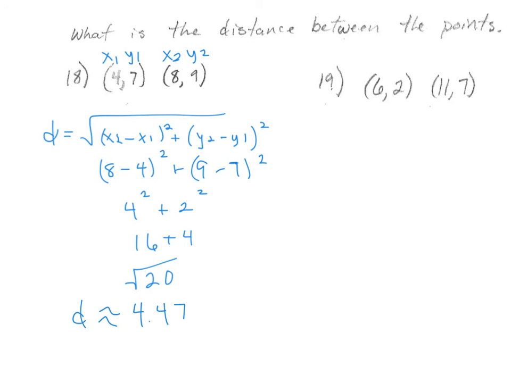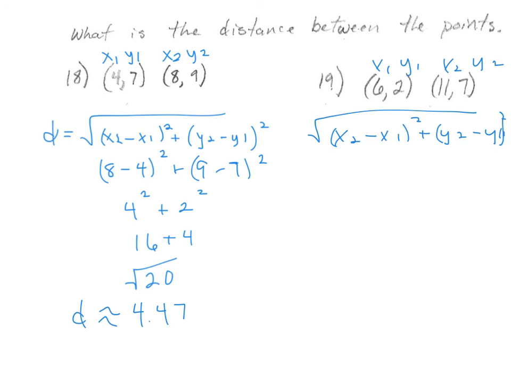Number 19, I'm going to do the same thing. Label these as x1, y1, x2, y2. Just rewrite the formula here. I'm going to have x2 minus x1 squared plus y2 minus y1 squared.